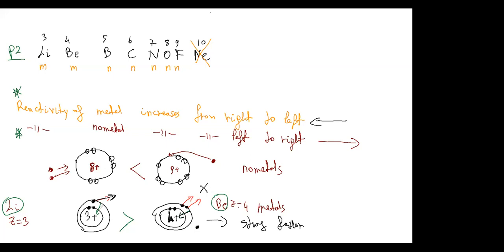So it is weaker, and the electrons for the lithium go easily, and that's why the lithium atom is more reactive. This would be the same if we compare sodium with magnesium, which are in period 3, or if we compare potassium with calcium in period 4, etc.